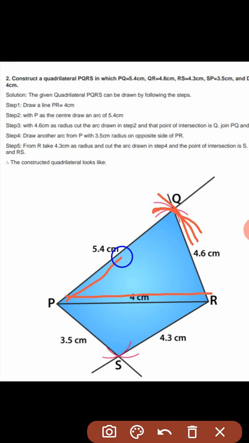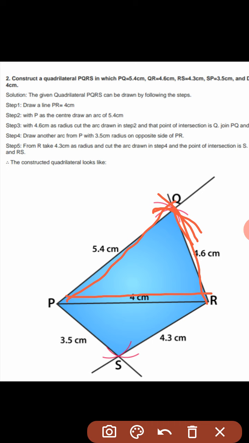Then we can join PQ and QR. Then draw another arc from P with 3.5 centimeter radius opposite to side PR.